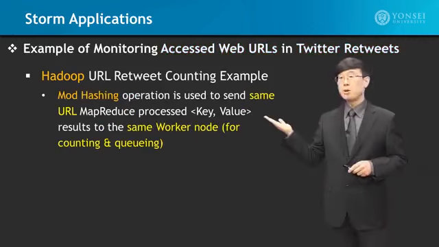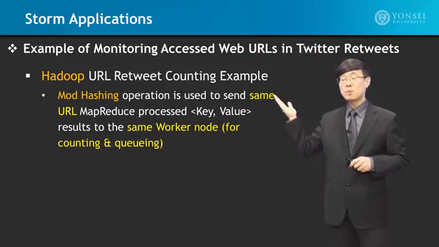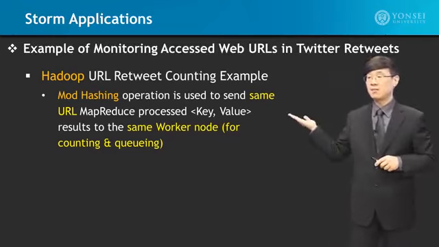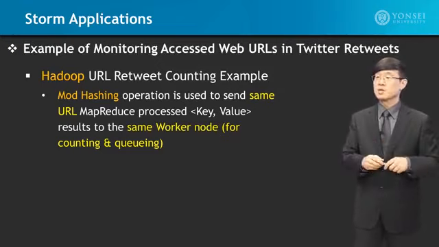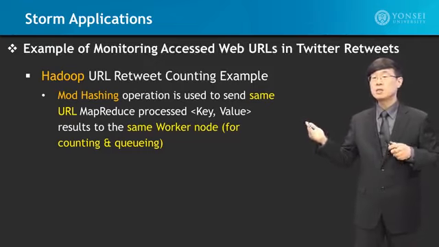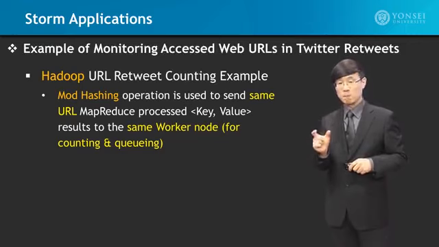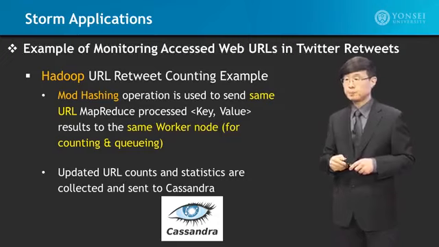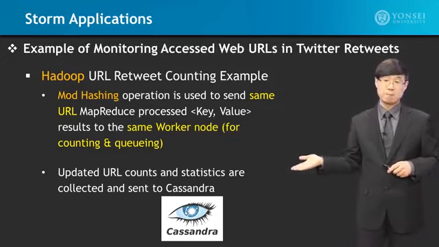Mod hashing, which is a modular hashing operation, is used so that you can select the right worker node to give the right key and value information based on counting a certain URL. Therefore, the same worker node needs to do the same counting so that an updated count can be provided by that specific worker node. That is where the mod hashing is used in this system. Updated URL counts and statistics can be collected and sent to Cassandra.